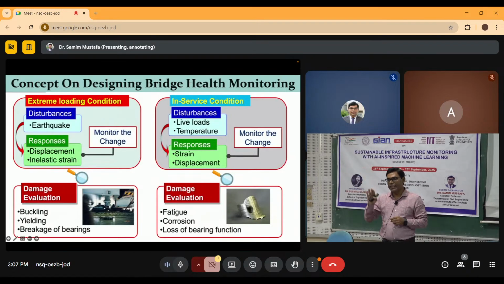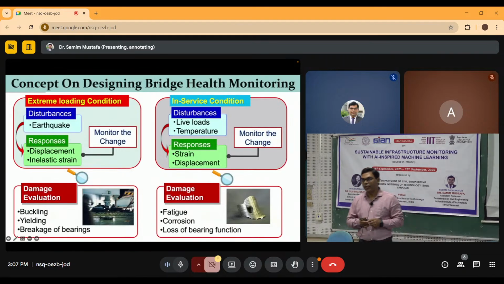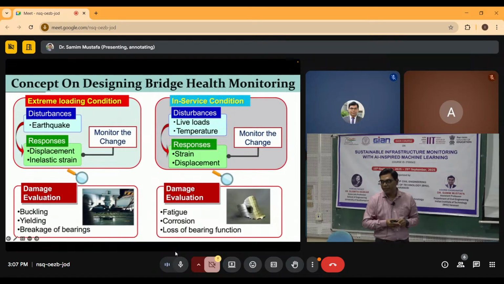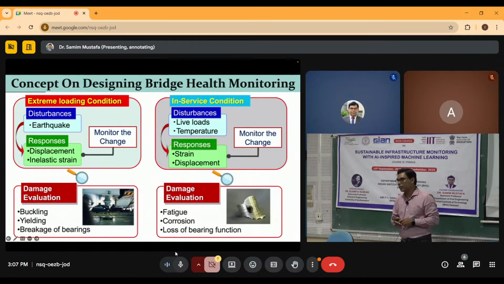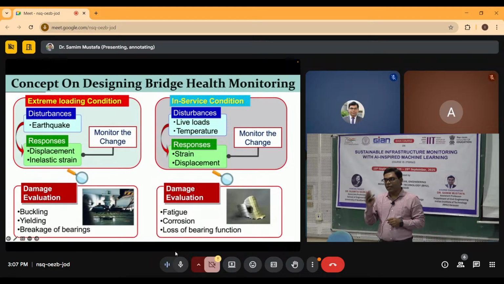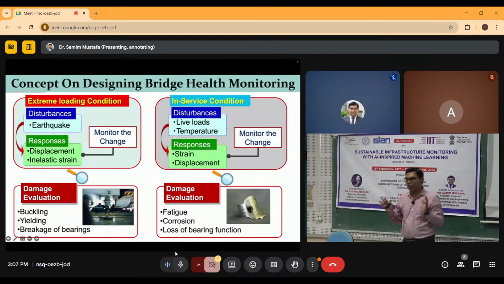We usually design any civil structure as an earthquake resistant structure, not earthquake proof, right? Why earthquake resistant? Because we allow the structure to go to a non-linear stage so that our cost of construction could be minimized. Otherwise, if you only design for linear behavior, then you need very bulky columns or beams. The size of the beam or column will be very large.